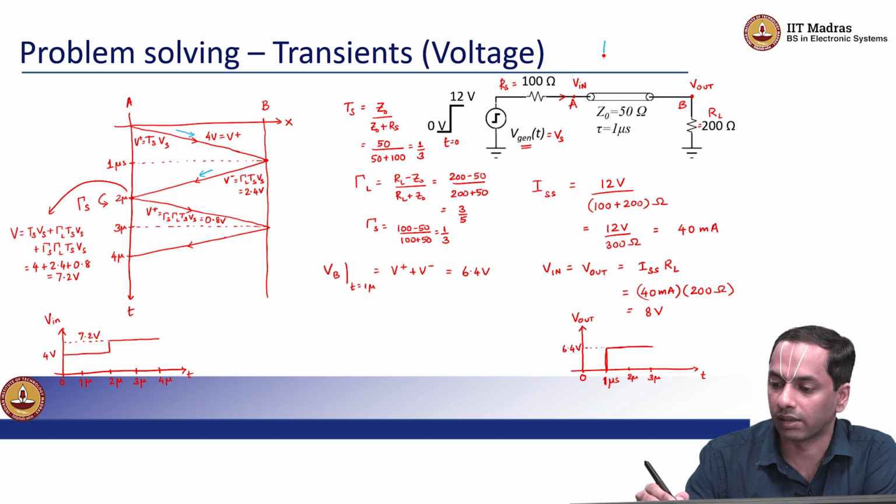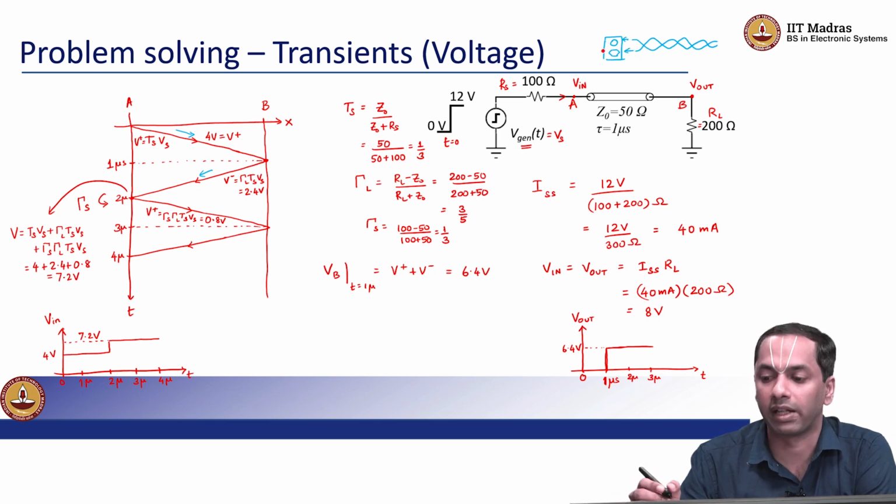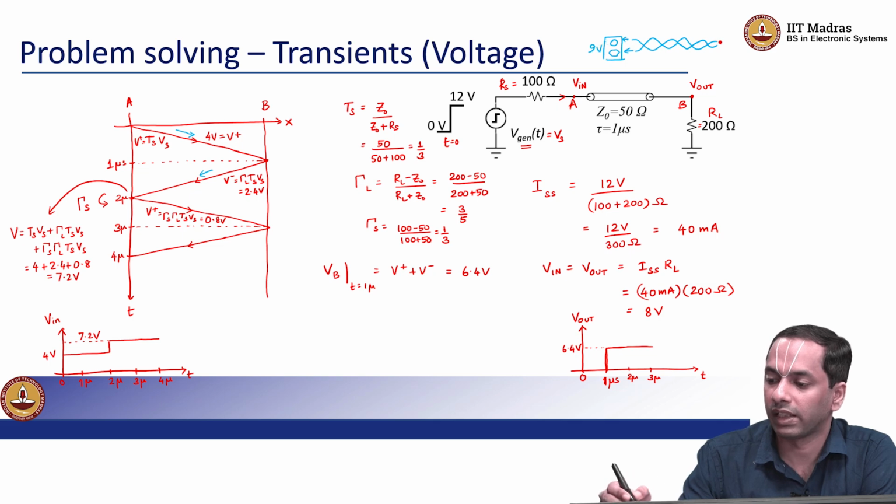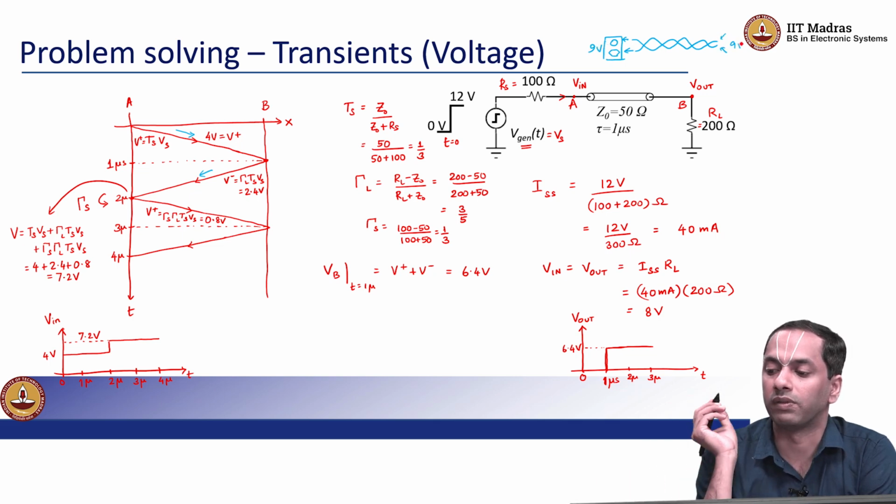So, if I were to take say the 9 volt battery and then I have some very long cable and I connected this cable to this battery, I expect to measure 9 volts at the end of this, right.